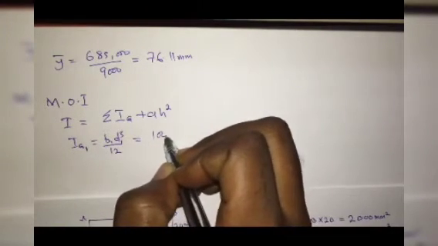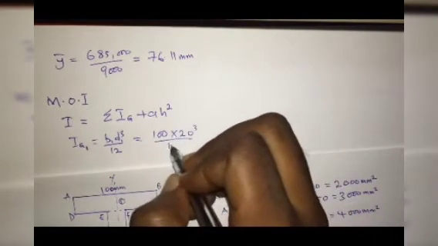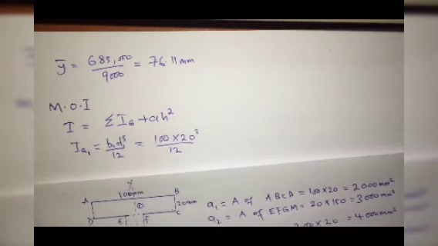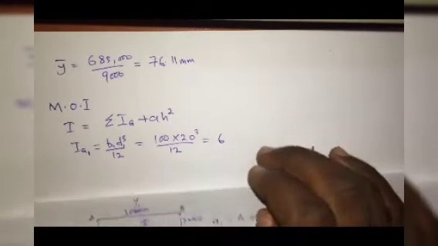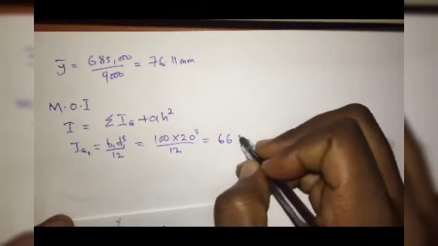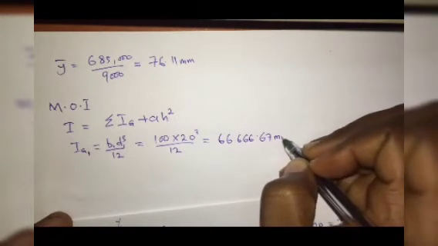The IG1, which is the moment of inertia of rectangle 1, is going to be 100 times 20 to the power 3 over 12, which is equal to 66,666.67 millimeters to the power 4.